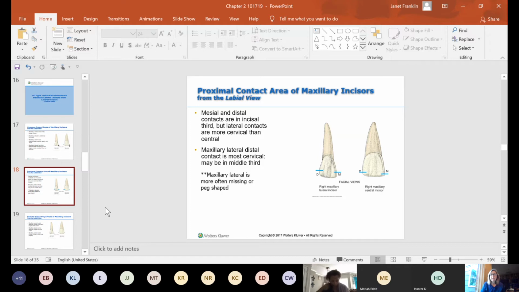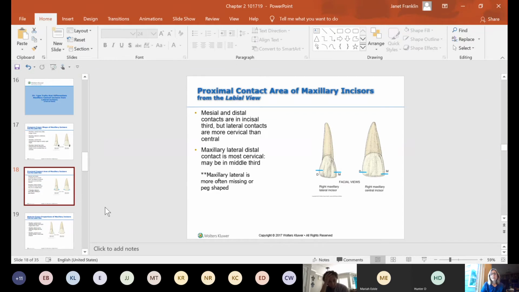But on the lateral, which is the one on the left, the contacts are more cervical than the central. So you can see the centrals are almost to the incisal edge. As you go back one tooth to the lateral, the contact moves up just a little bit. So it's still in the incisal third, but it's closer to the middle than the central is.